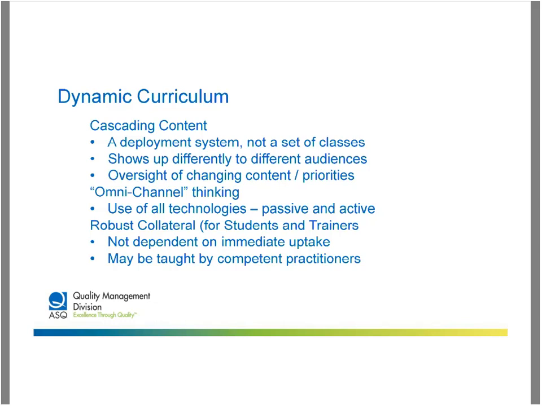And it's also a system that should evolve. It's a system that can have multiple versions of things. So it's not a set of classes. The way the curriculum shows up will be different for different audiences, but you do still want to have some kind of oversight of this overall system for changing content and priorities.